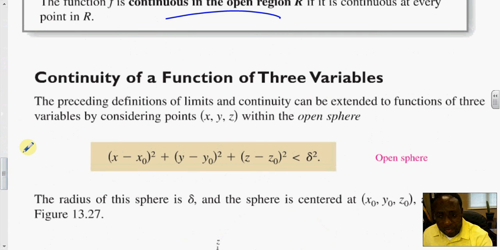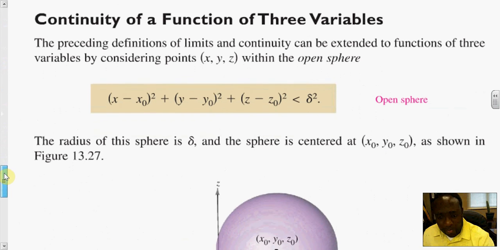And then the continuity of a function of three variables.